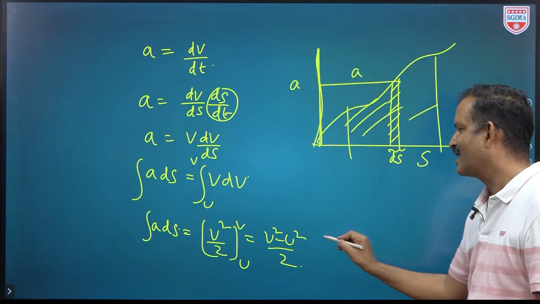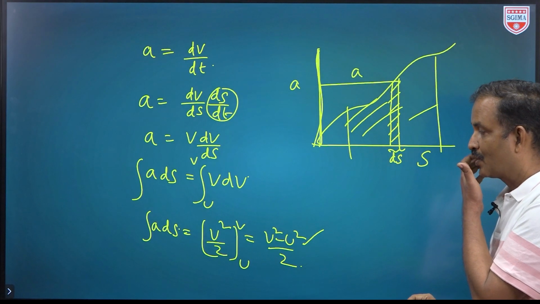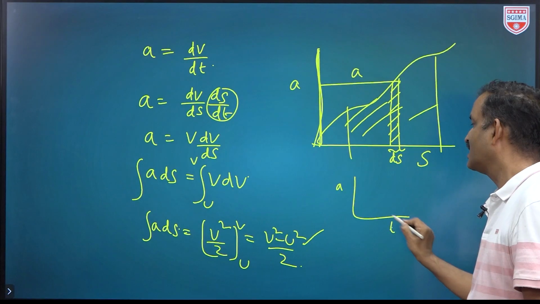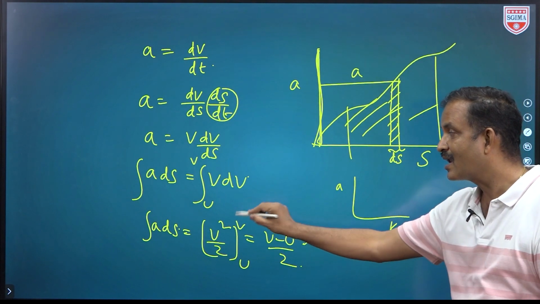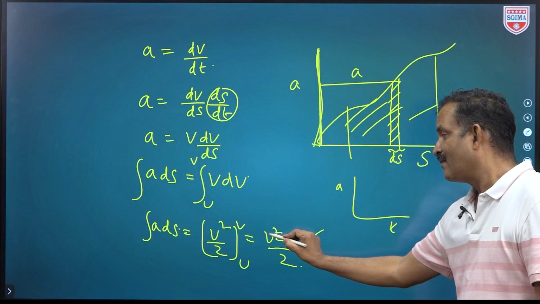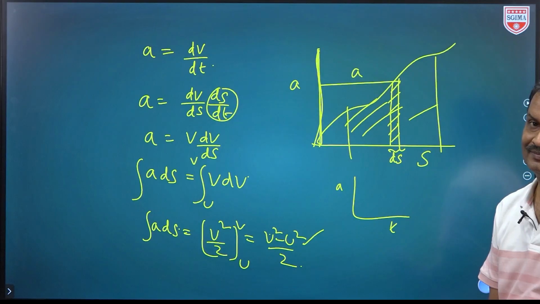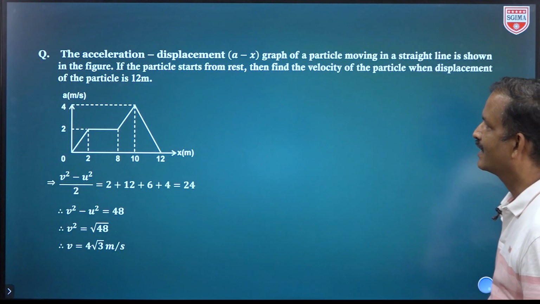The total area is nothing but v square minus u square by 2. We wrote that the acceleration-time graph area is the change in velocity. The acceleration-displacement graph area is final velocity square minus u square by 2. Based on this, we are writing this one.